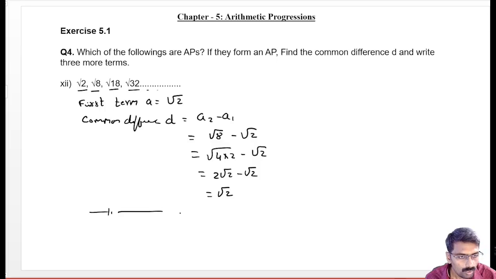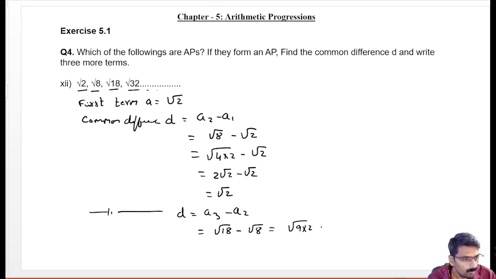Similarly, the common difference of a3 minus a2, if we consider this, now a3 is root of 18 minus root of 8, which is equal to, so we can write it in a similar form, root of 9 into 2 minus root of 4 into 2, which would be equal to 3 root 2 minus 2 root 2, which is also equals to root 2.